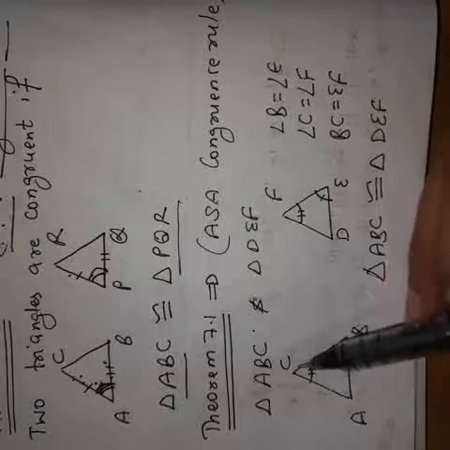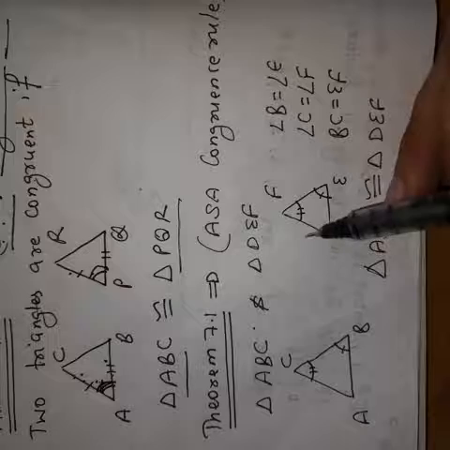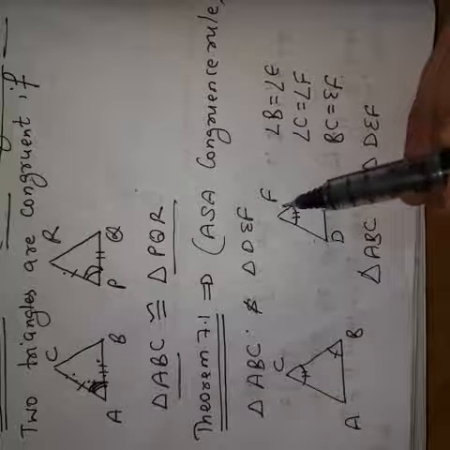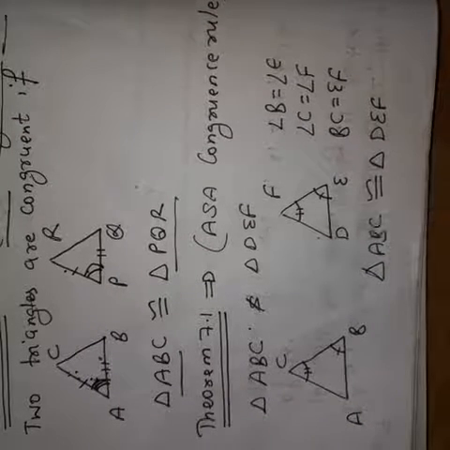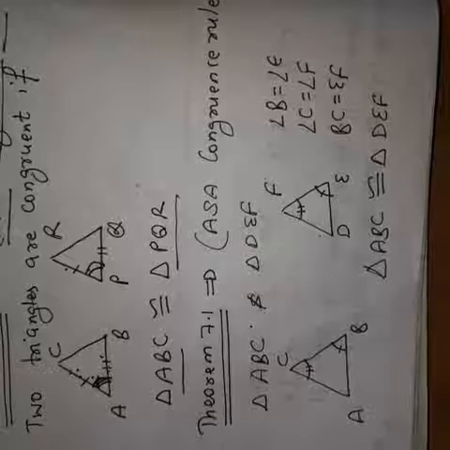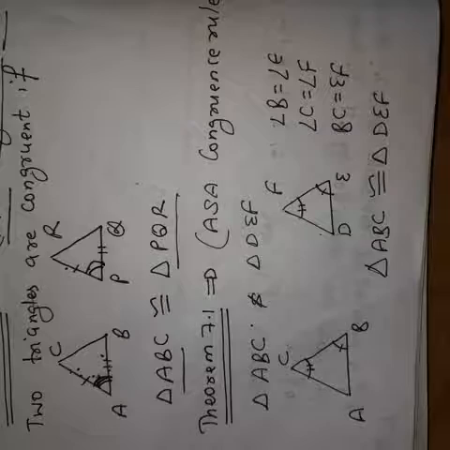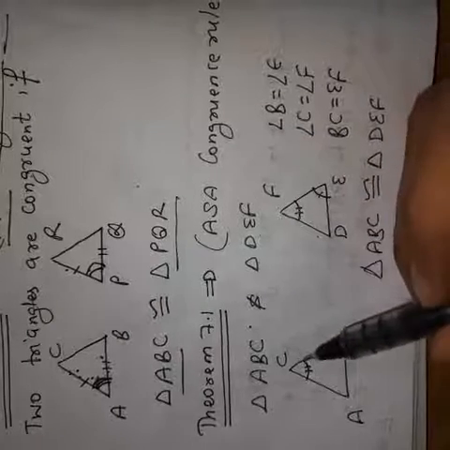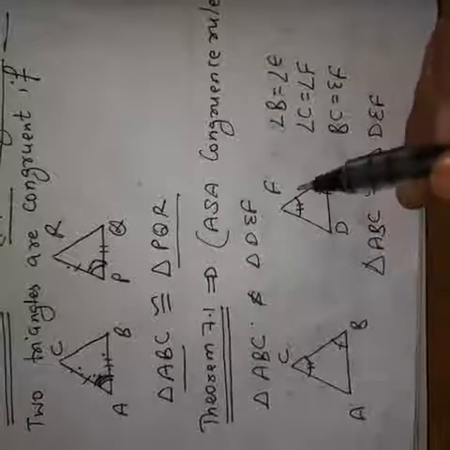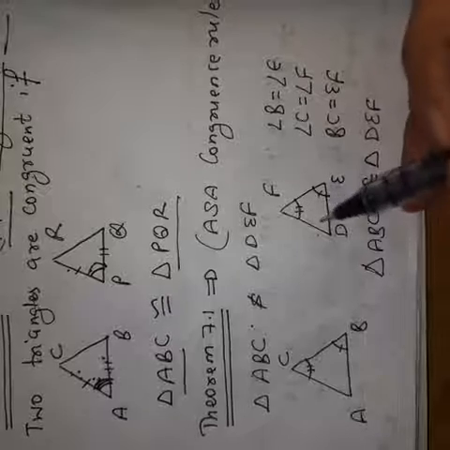So if ABC and DEF are two triangles and we need to prove these triangles congruent, then what we simply do, we need not to prove all three angles and all three sides equal.